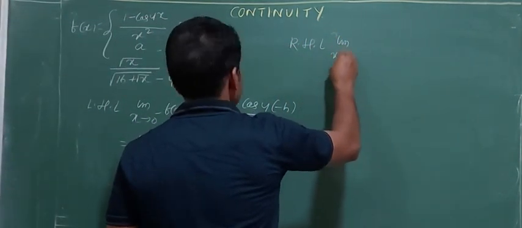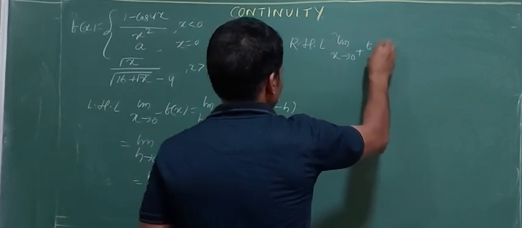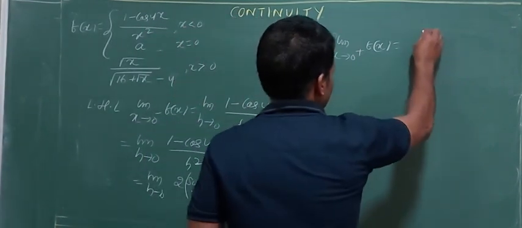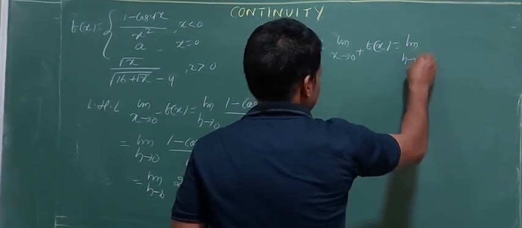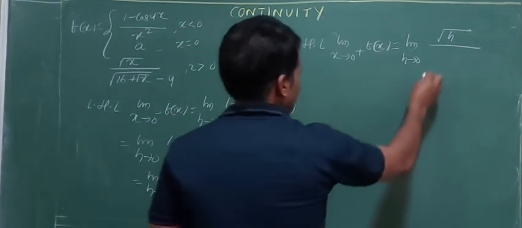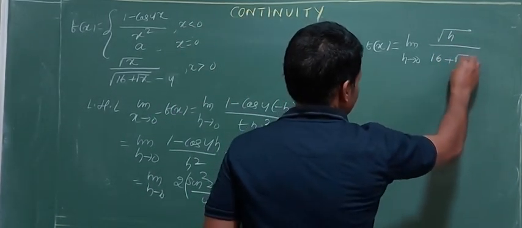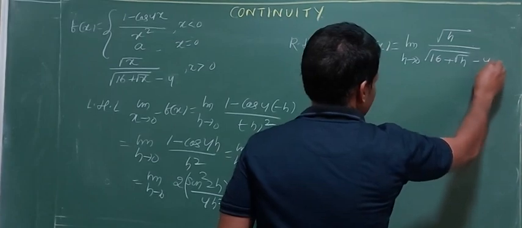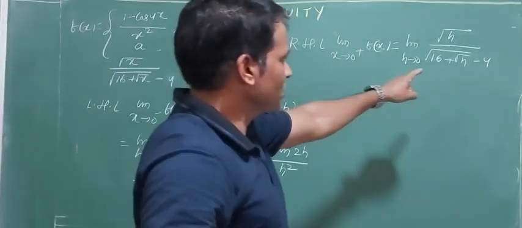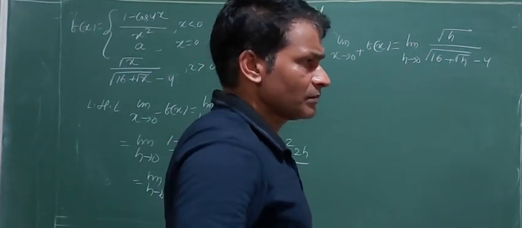Limit x tends to 0 plus, 0 plus h, plus root h minus 4. Rationalize it, because if I replace x tends to 0 here, this is in 0 by 0 form.